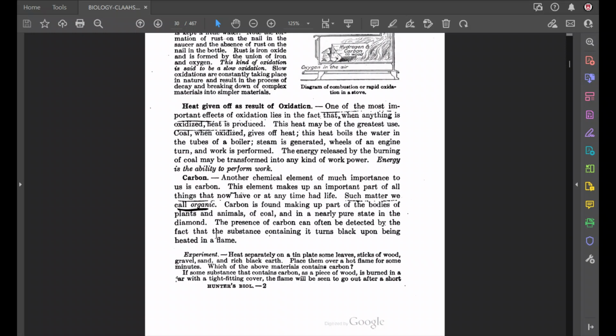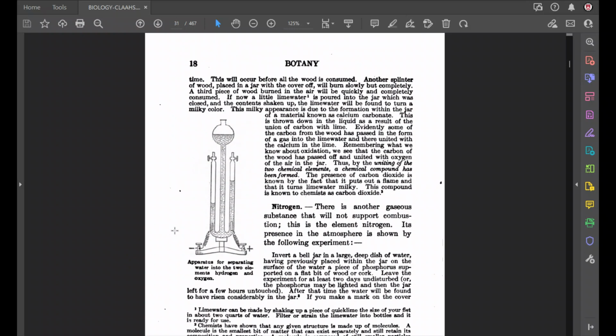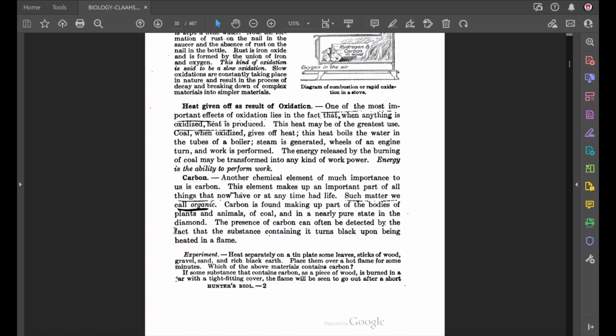But if you heat something at a cool temperature for fire, it'll just get filthy and black. But if you get a really, really hot fire going, it'll just disappear. So that's one way to sense the presence of carbon, the black soot that remains from fire.